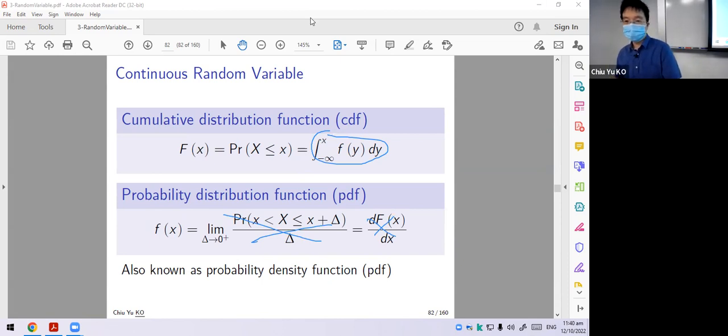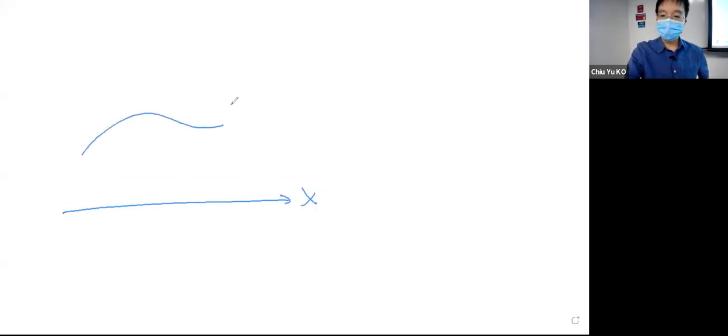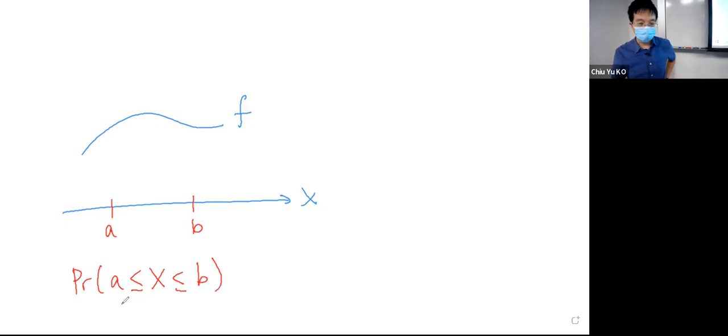Just to emphasize again what we are talking about: when we have a continuous random variable and we look at the density function, the small f, what does this small f tell us? Suppose I have a number A and a number B, okay? I want to know the following: the probability that X is between A and B. Whether you have an equal sign doesn't really matter, because we know the equality doesn't change anything.